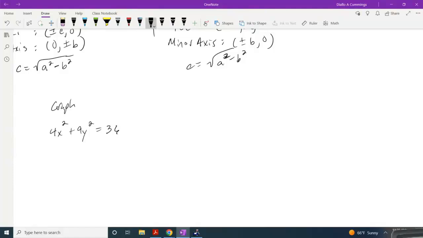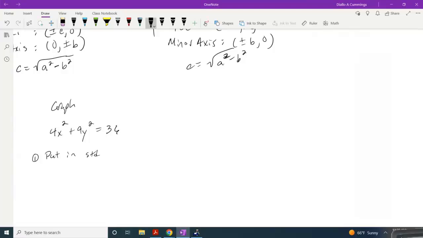First thing I do is put it in standard form. Standard form simply means you must set your equation equal to 1. In order to set this equation equal to 1, I'm going to divide everything by 36.